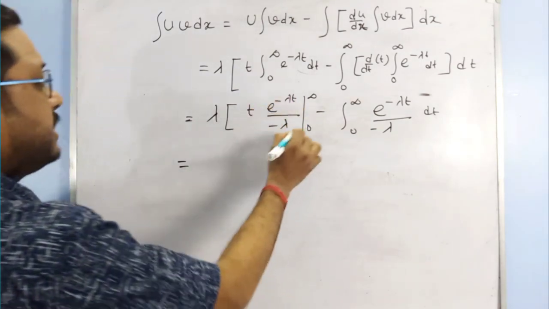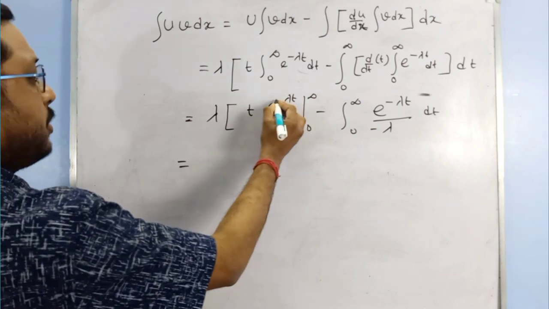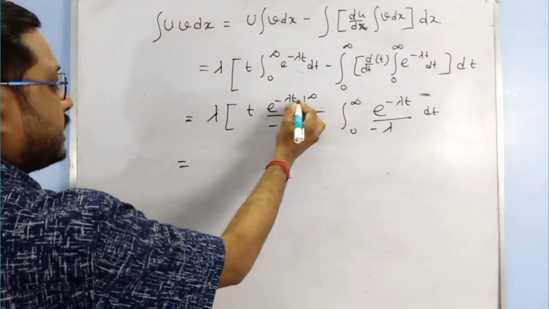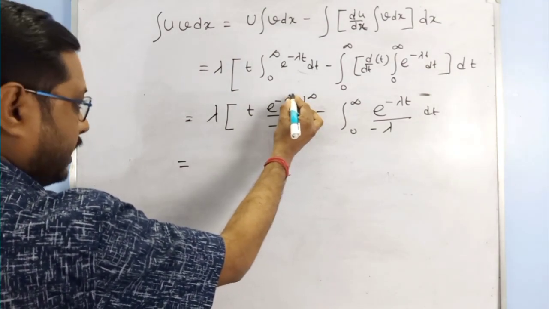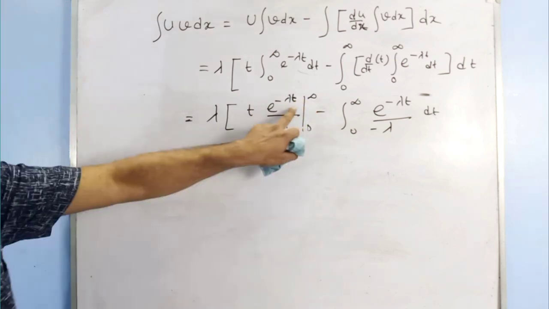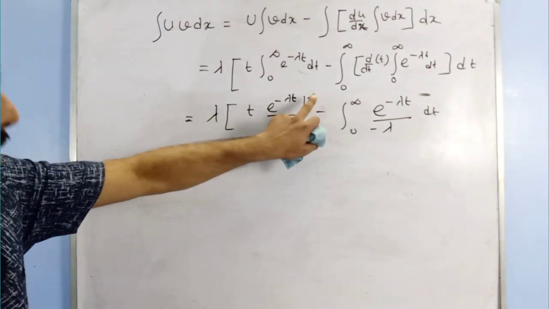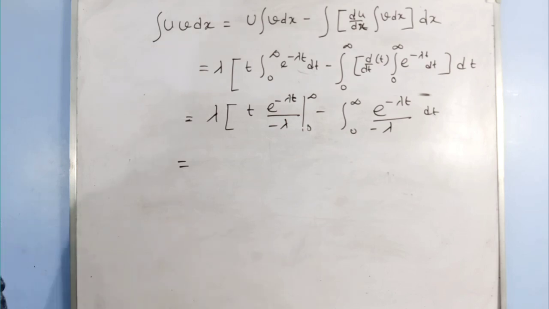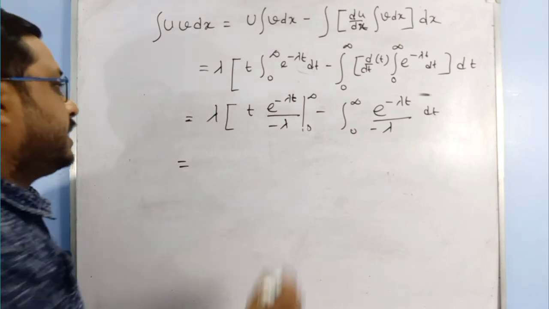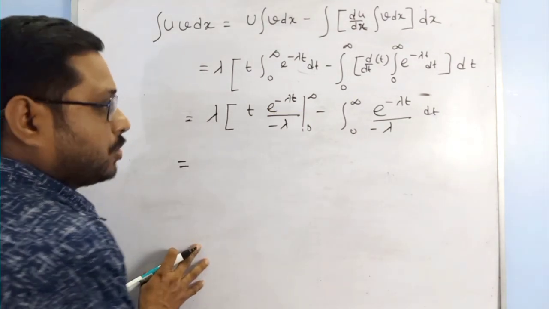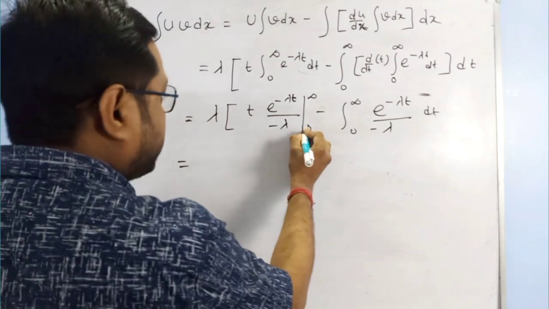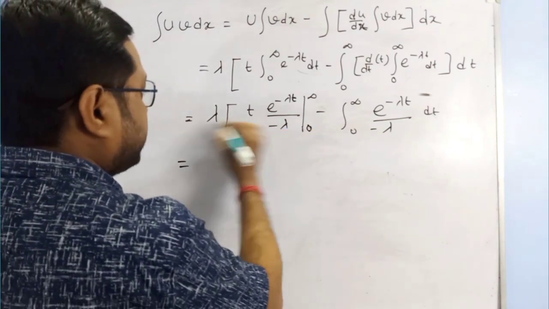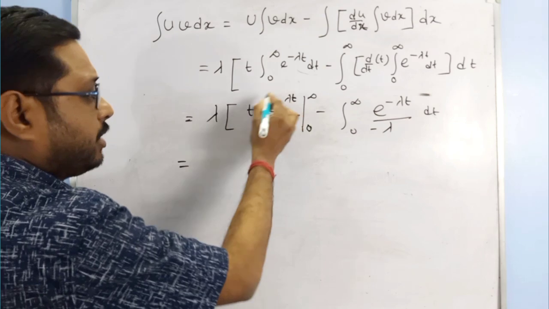Here the whole first term is 0, because if we put the upper limit infinity, e to the power minus infinity becomes 0, and if we put the lower limit 0 in place of t, it will also be 0.